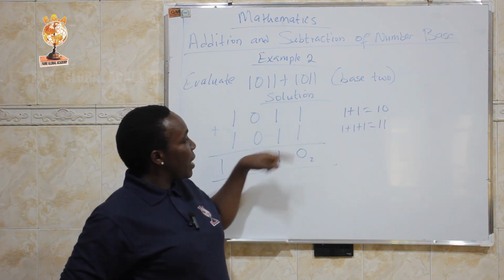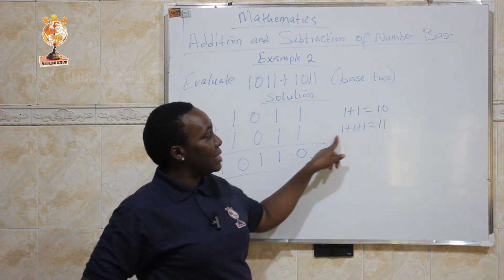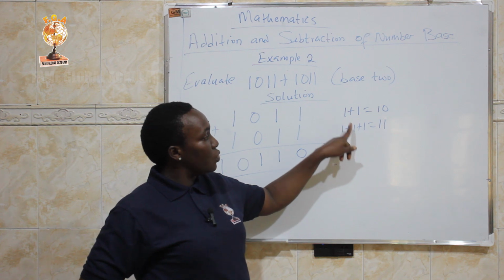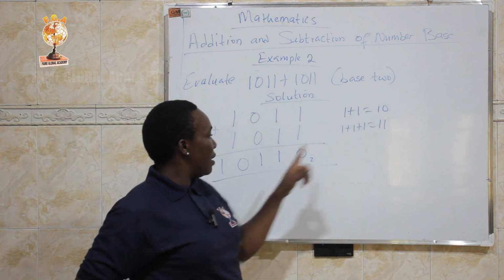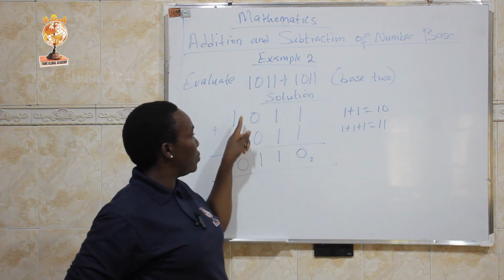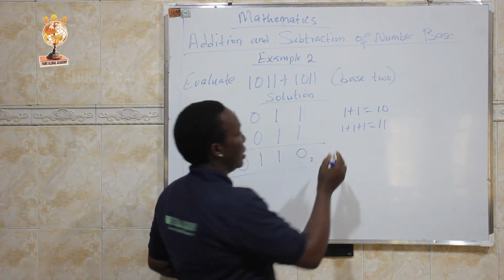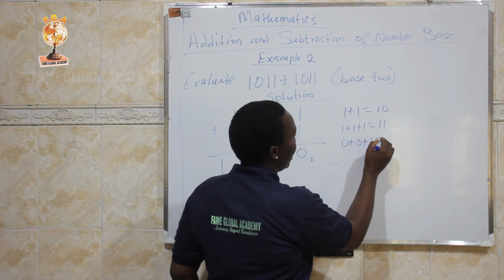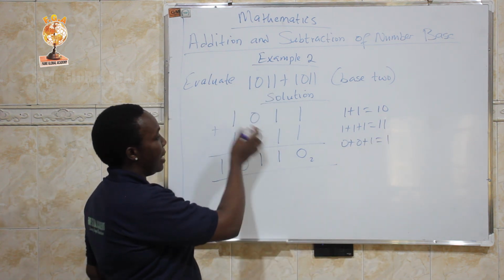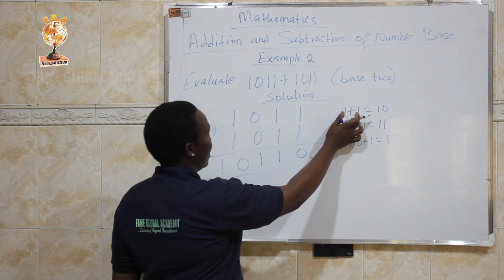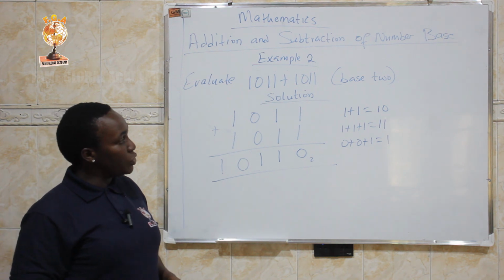That next part will now be this 1 plus this 1 plus the one you carry from here. That's 1 in 3 places, which is 1 plus 1 plus 1, which is equals to what? 11. So this 11 you write 1, carry 1 again to the other one, and that will give us 0 plus 0 plus 1, which is equals to what? 1. So that's this one you are seeing here. And lastly, 1 plus 1 is 10, just like this first one.